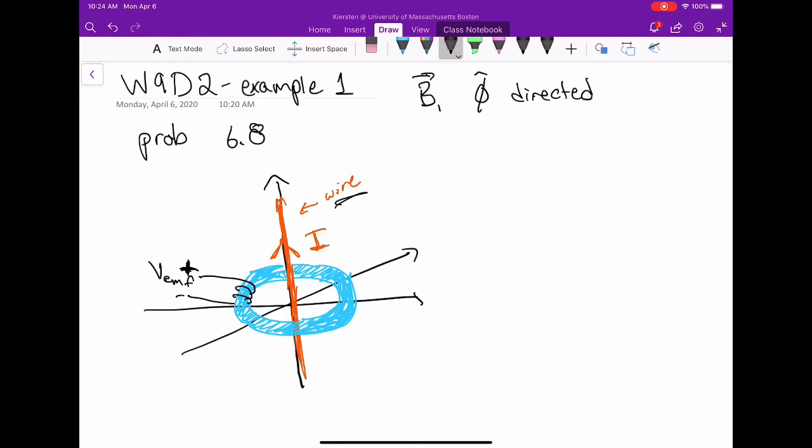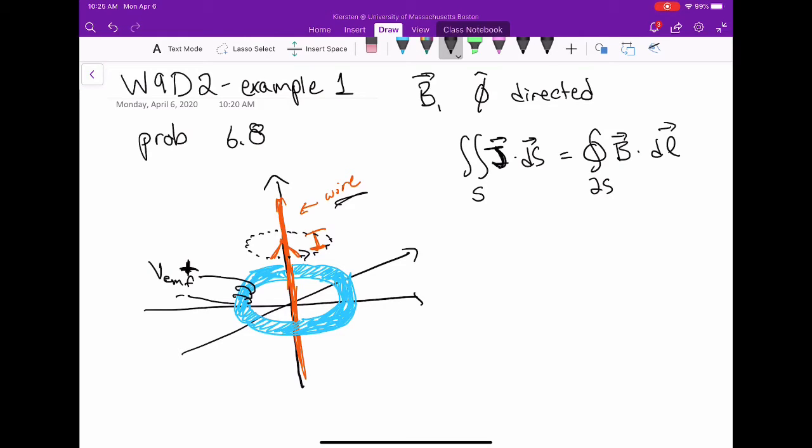And we know that if we were to define some sort of Ampere's law contour, let's say that way, we could say that the current flowing through that contour is equal to the closed loop integral of the magnetic flux density around the boundary of the surface.